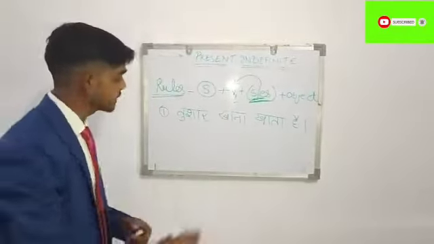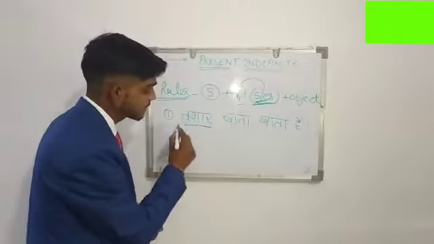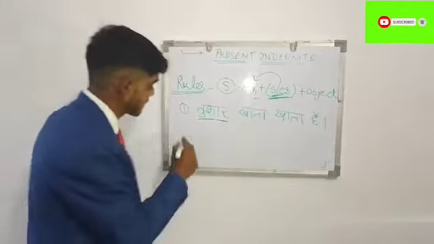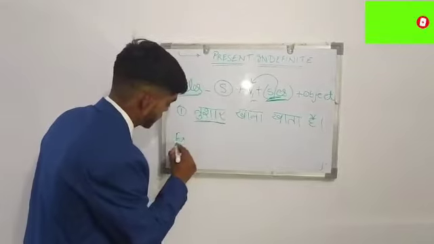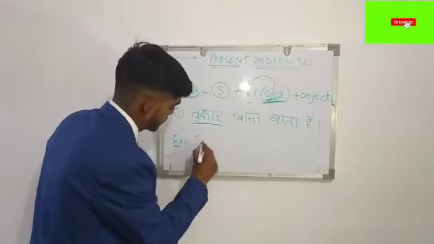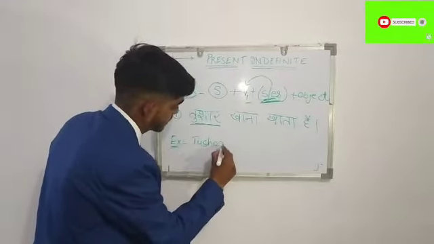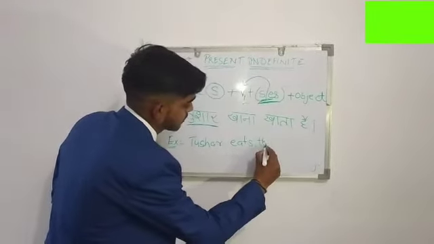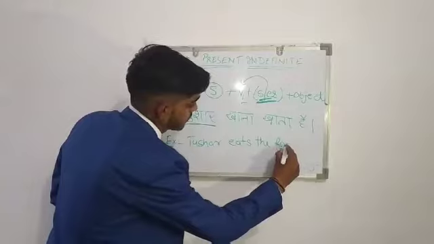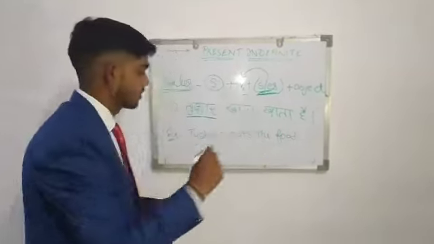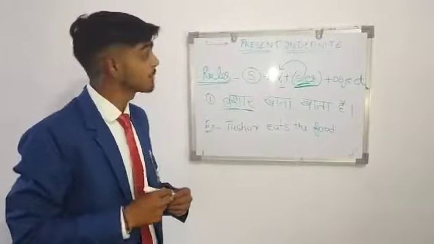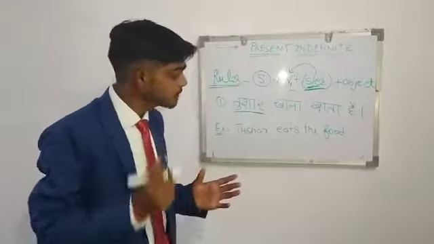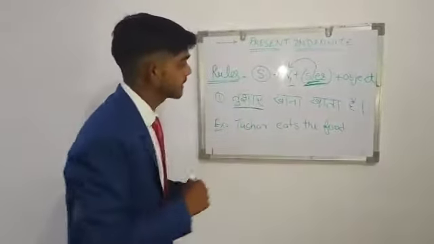So here we come to know that this name is a singular name, in which we have also learned that Tushar eats the food. So here we come to know the use of present indefinite tense, how we can convert simple sentences into present indefinite tense.